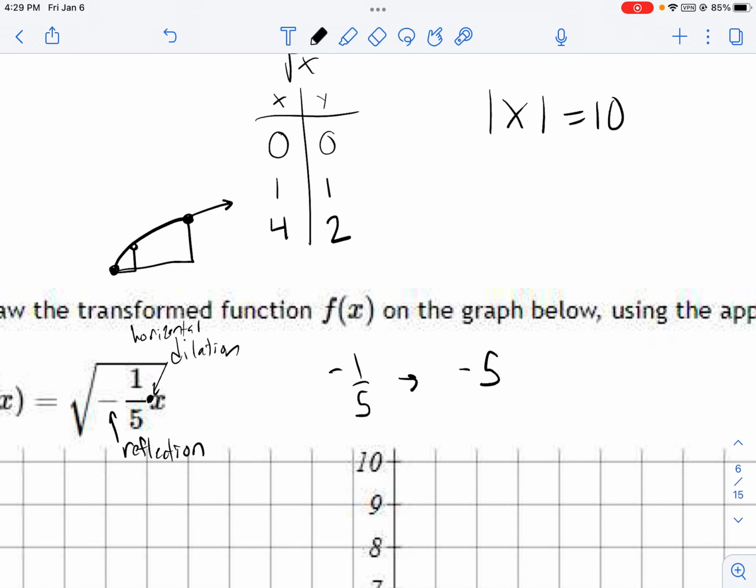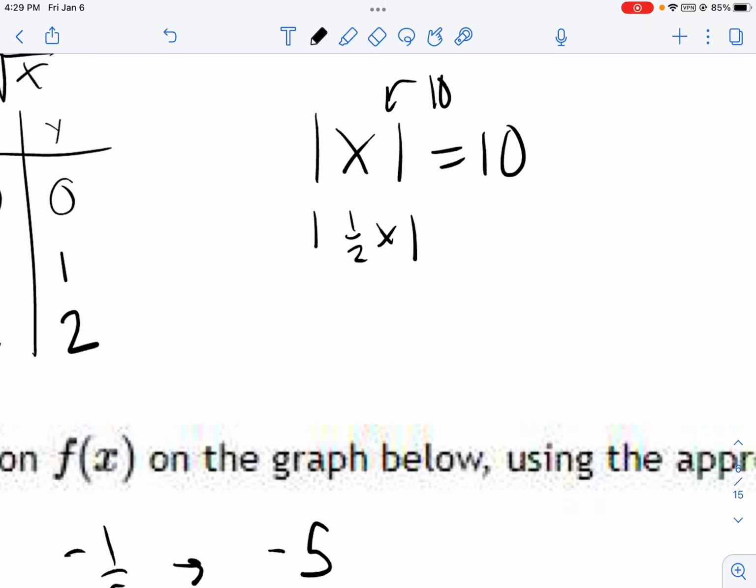If you have the absolute value of x equals 10, that means that you would just plug in 10. Absolute value of 10 is 10. So next, what if it's 1/2 x? Horizontal dilation. What would that mean for x specifically? Well, that means you'd have to plug in 20 for x. X would have to be twice as much as it was before in order to get 10 back, because half of 20 is 10. It's the only way to get back to 10.